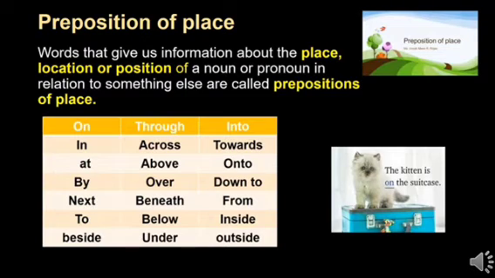You have a number of examples like this, and you can see a small picture also placed on the screen. The kitten is on the suitcase. So it is telling us the place where the kitten is. The kitten is on the suitcase. So on is the preposition.